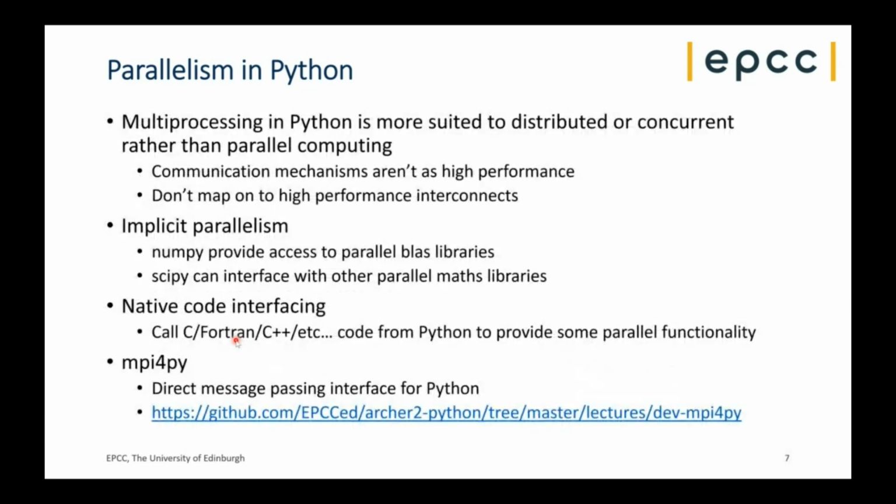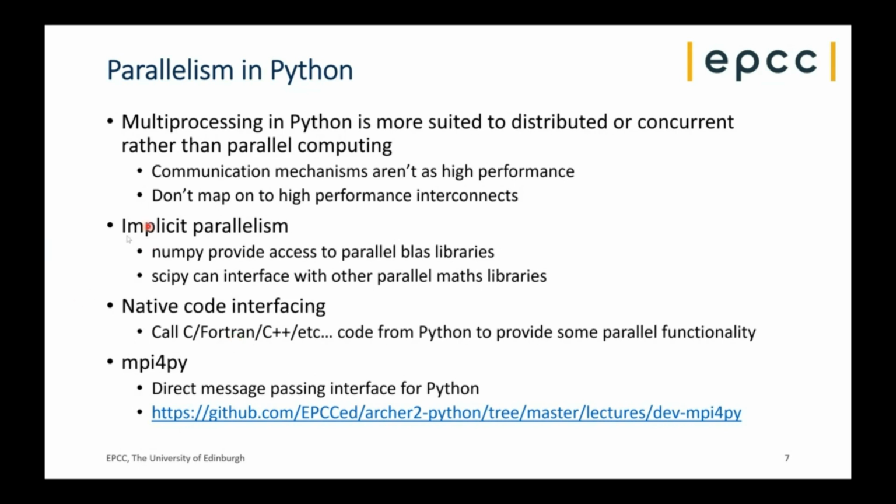The reality, of course, is that that's not really designed for high performance parallel functionality. It's much more designed for what I call distributed or concurrent computing, because those communication mechanisms, the queues and the pipes, aren't particularly high performance and don't map well to high performance networks. So again, that's not something we would generally use for high performance parallelization of your code, but it is possible to do some things that way.